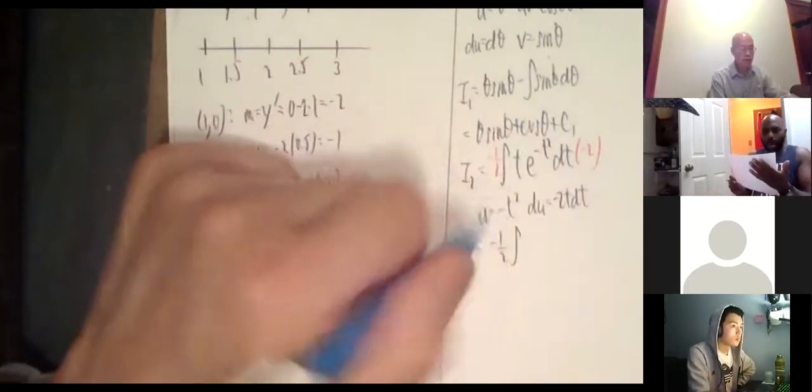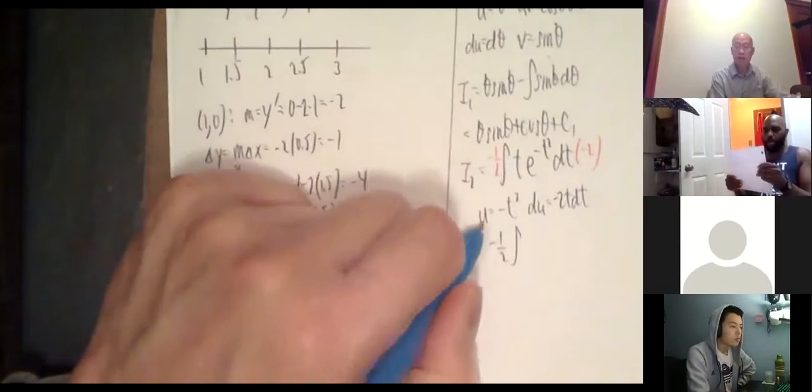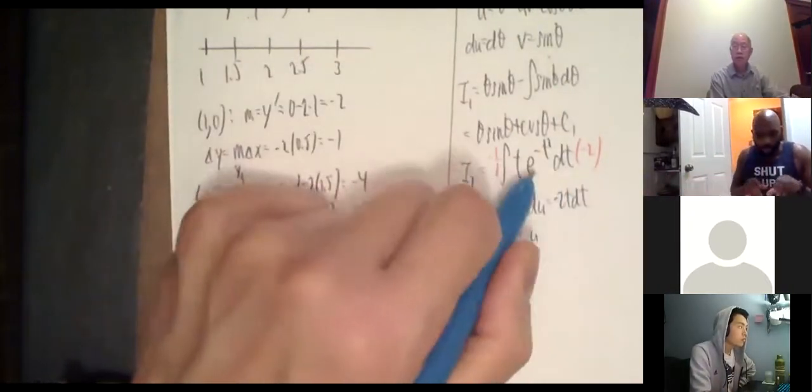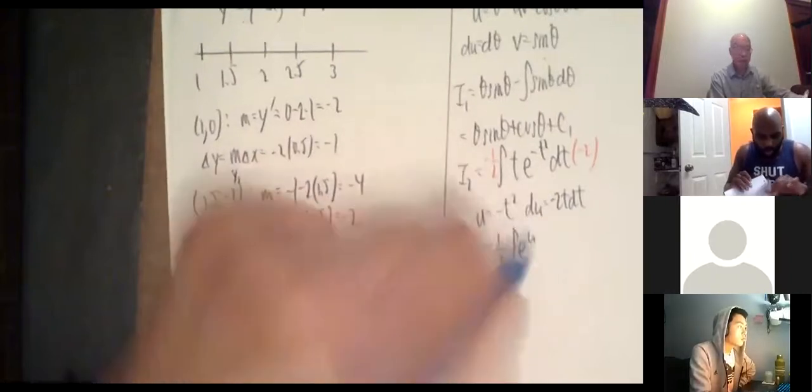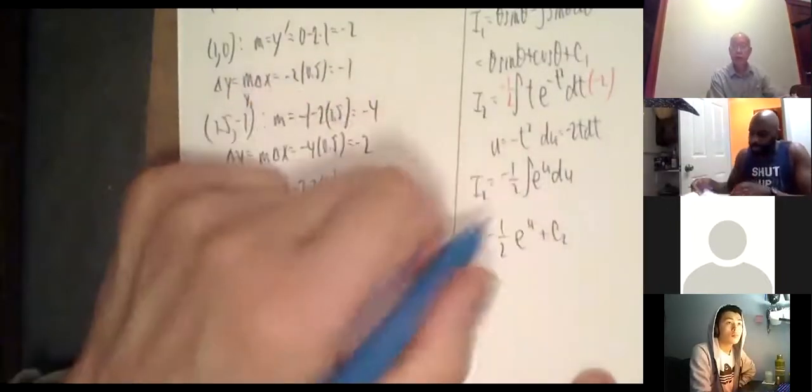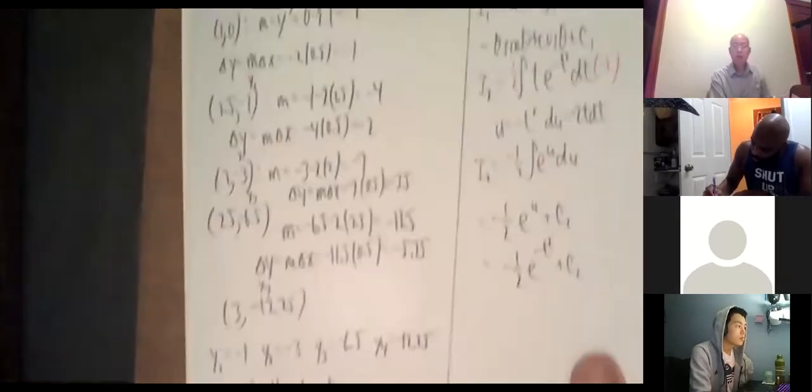I2 is negative 1/2 times the integral of e to the u, negative 2t dt, negative 2t dt is du. So negative 1/2 e to the u plus C2. Change u back, negative t squared. So negative 1/2 e to the negative t squared plus C2.